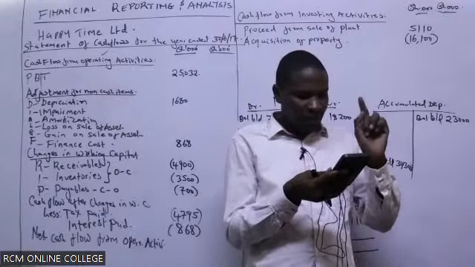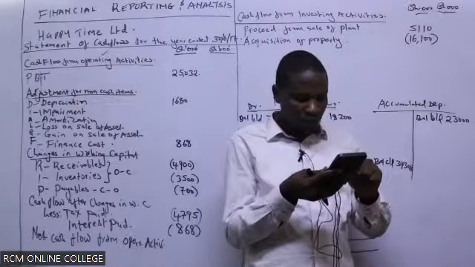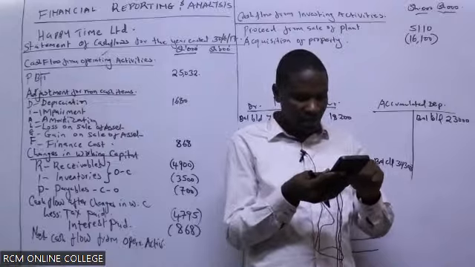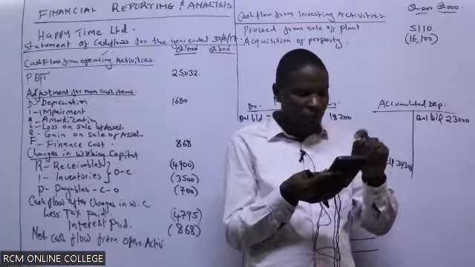All right, we are dealing with plant. Plant disposed of during the year ended that date had an original cost of 18,200 and accumulated depreciation of 6,300.